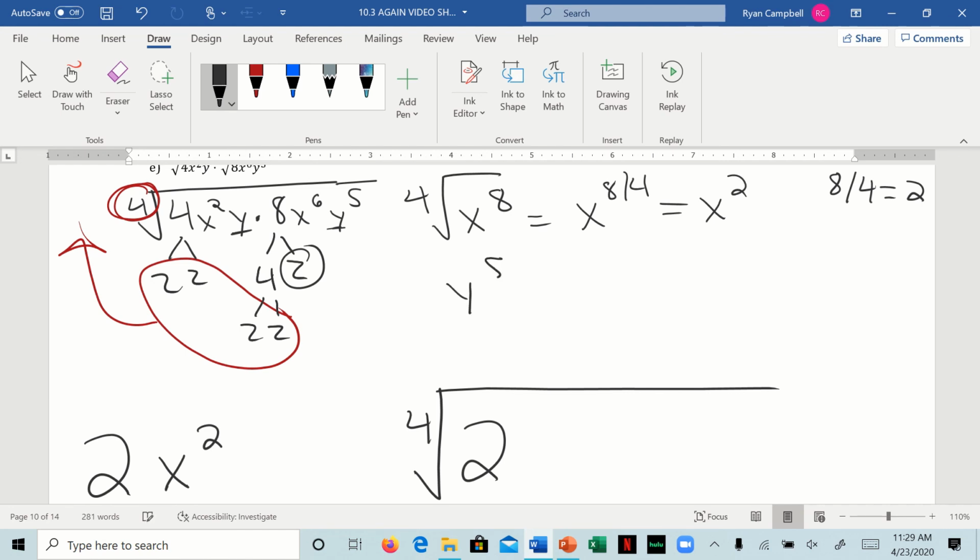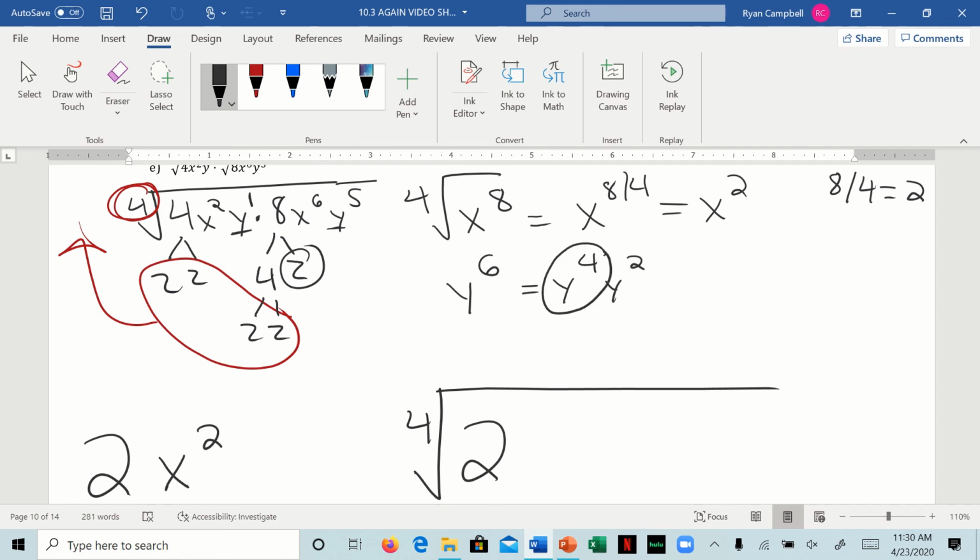So now we have y to the 5th and y. So remember y is just being raised to the 1st power. So that's y to the 6th. 6 is not divisible by 4, but 4 is. So we can see that's just y to the 4th times y squared. Because when we add these two together, we get 6.